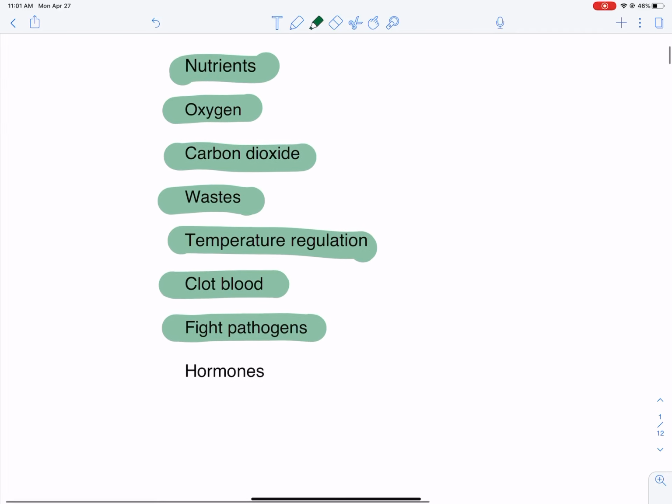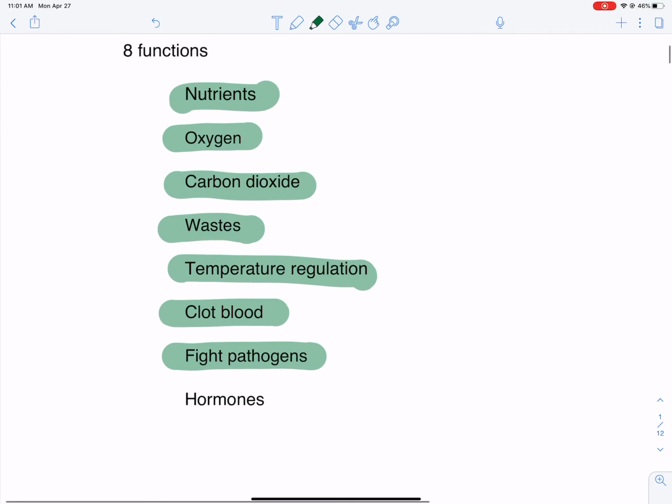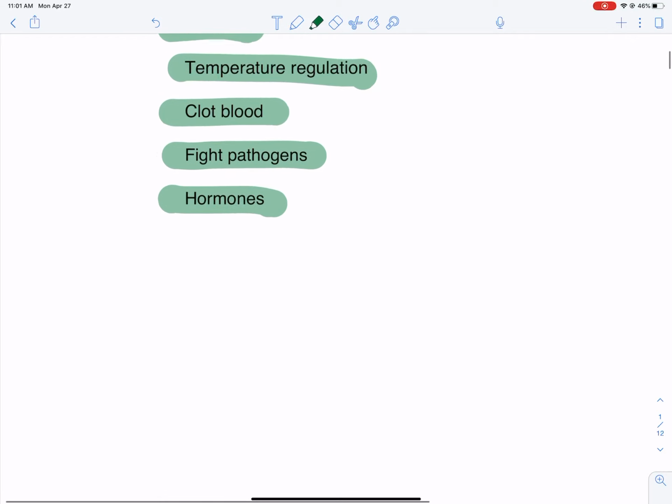Fighting pathogens is a big function of the cardiovascular system. Hormones. Now we distribute those hormones. When we take a look at the endocrine system, remember it dumped them into the blood and it takes them all over the place. So those are the 8 main functions of the cardiovascular system.